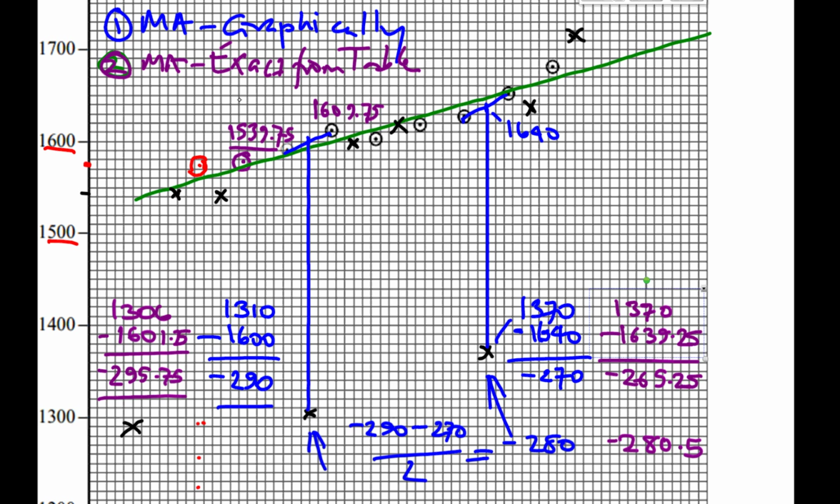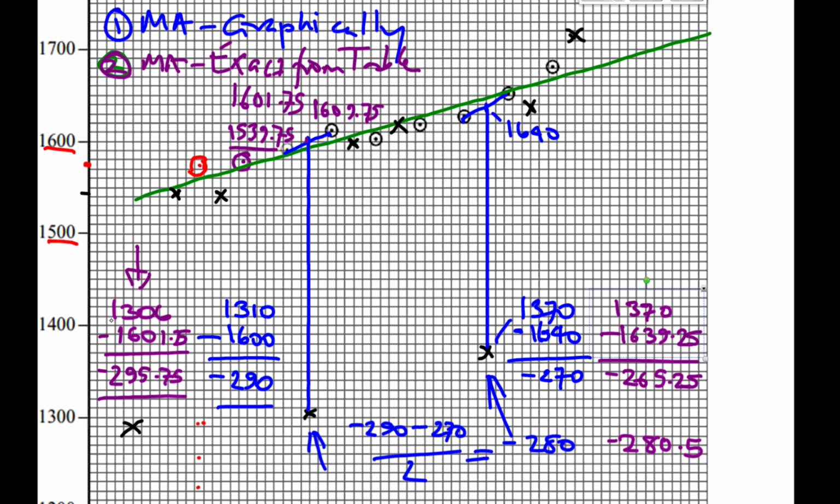So if I average those 2 points to get this value, the central point, the midpoint, we'd be at 1601.75.